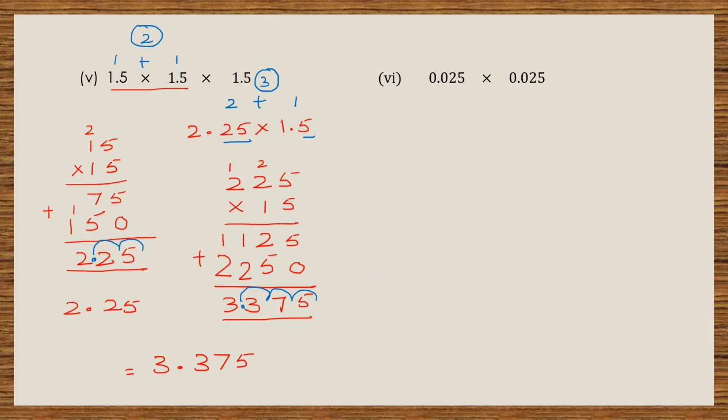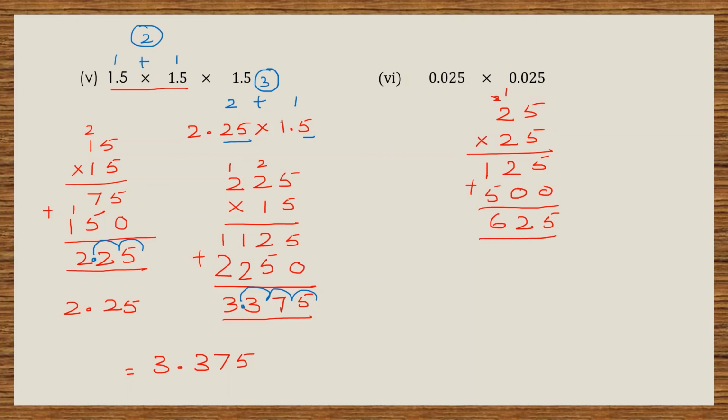Question 6. 0.025 into 0.025. Let's ignore the point. 25 into 25. 5 fives are 25, carry 2. 5 twos are 10, 11, 12. 2 fives are 10, carry 1. 2 twos are 4, plus 1, 5. 5, 2, 6.